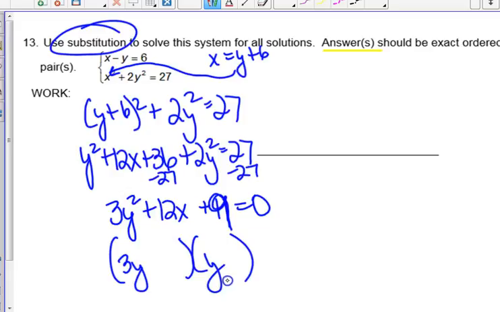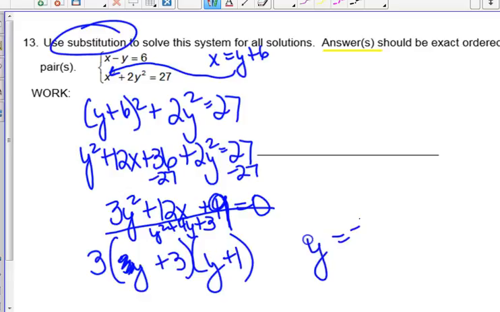All right, so now my factors of 9 are 9 and 1 or 3 and 3. Oh, I could divide out a 3. If I take out a 3 here, I'll have y squared plus 4y plus 3, which will then factor y plus 3, y plus 1. So I get y equals negative 3 or y equals negative 1.